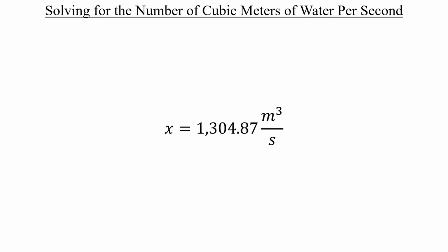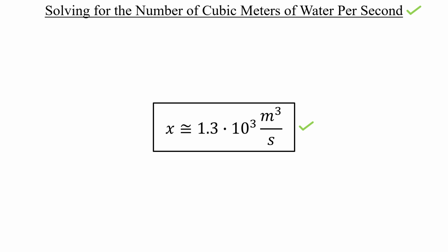Remember though, we used some values with 2 significant figures along the way. That means we'll have to cut this down to 1300, or written in scientific notation to make it look nice, 1.3 times 10 to the third cubic meters per second. And we're done. No extra equations necessary.